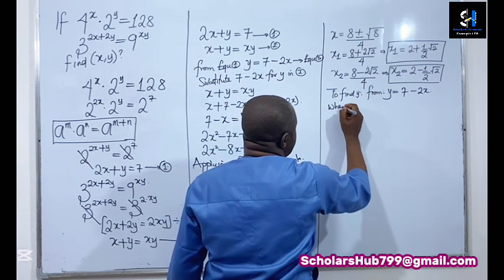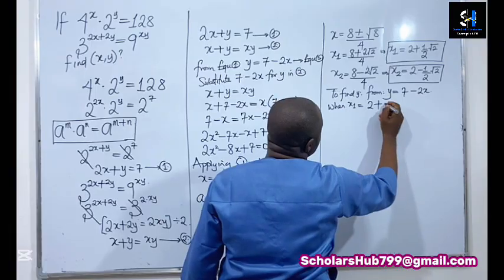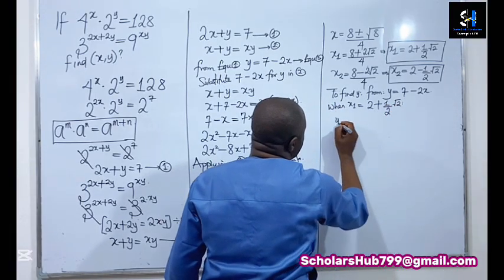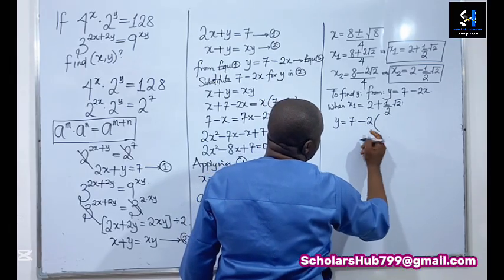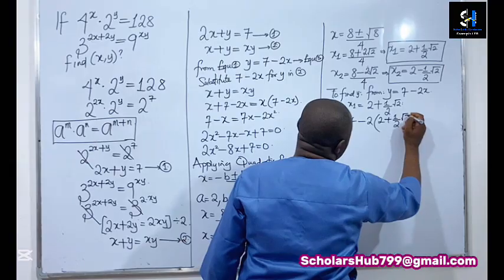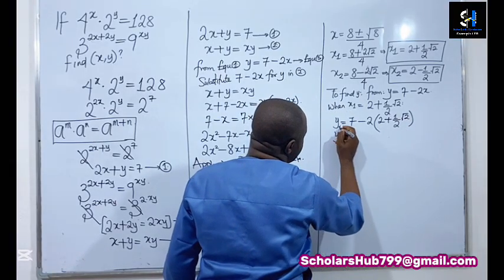Now, when we have x1 equal to 2 plus 1 half of root 2, y will be equal to 7 minus 2, open parenthesis, 2 plus 1 half of root 2. This will be the first value of y.